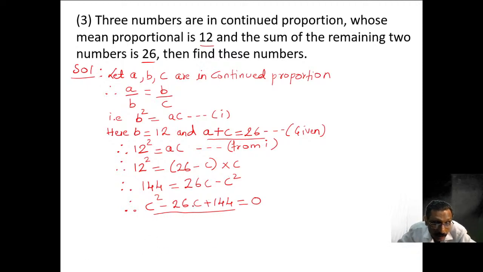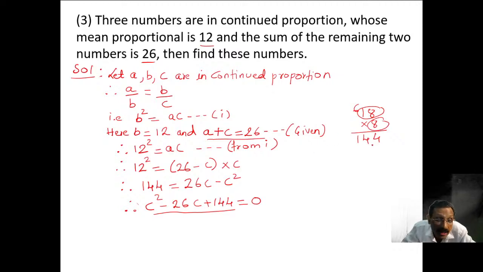But here we have to keep in mind that we should get minus 26C. So can we get two numbers where we can multiply 18 and 8? Let me check. 18 into 8. 8 eights are 64, 8 ones are 8, 9, 10, 11, 12, 13, 14. I am getting 144. So I can use this 18, I can use this 8.